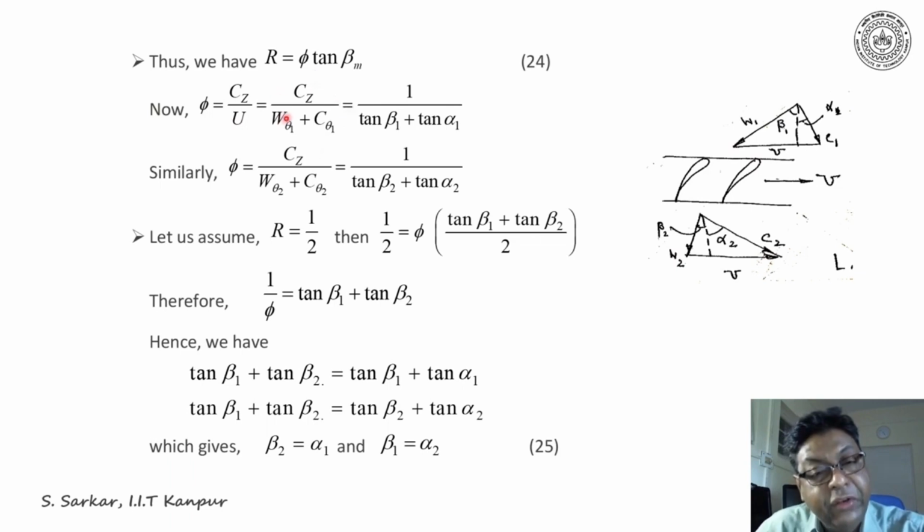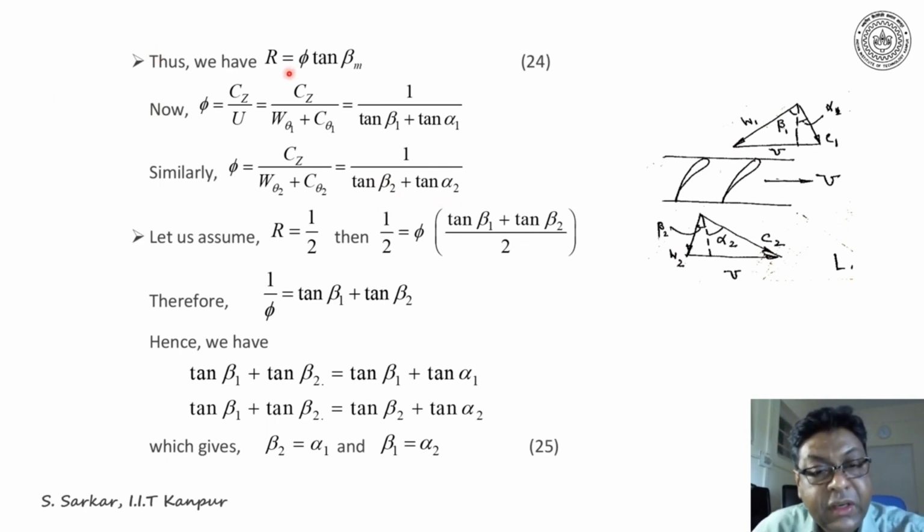Now using the velocity triangle, phi would be 1 divided by (tan beta 1 plus tan alpha 1). Similarly, I can write phi equal to Cz divided by (W theta 2 plus C theta 2), which is equal to 1 divided by (tan beta 2 plus tan alpha 2).